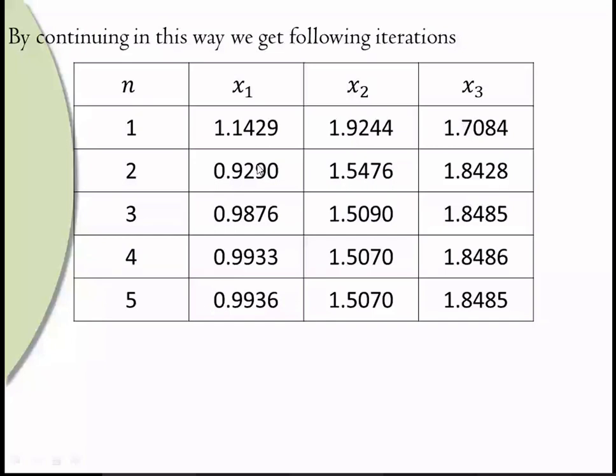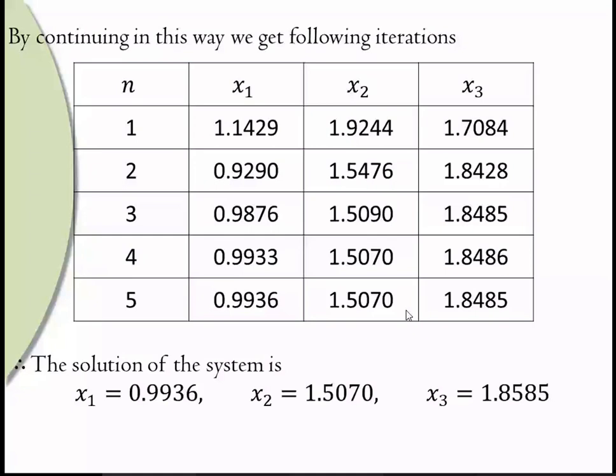Like that, continue. And you can see that these two are matching up to 3 decimal places. So this last will be the answer. x1 is 0.9936, x2 is 1.5070, x3 is 1.8485. Sorry, this is 8485.